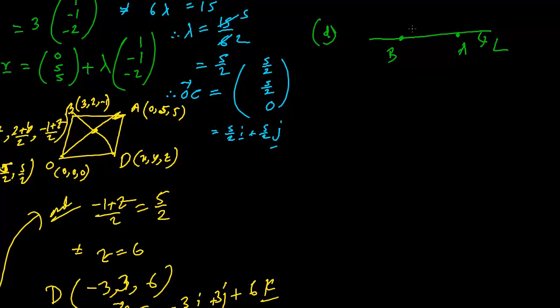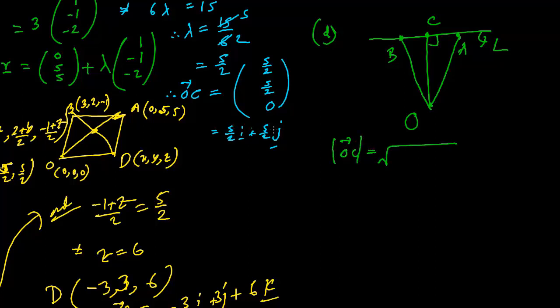It'll be more convenient. And after that, we proved that OC is a point where it is perpendicular to the line L. So this is 90 degrees. To find the area of triangle OAB, we can use half into base into height. Height is OC and base is AB. So the modulus of OC, this is OC, 5 by 2 i.